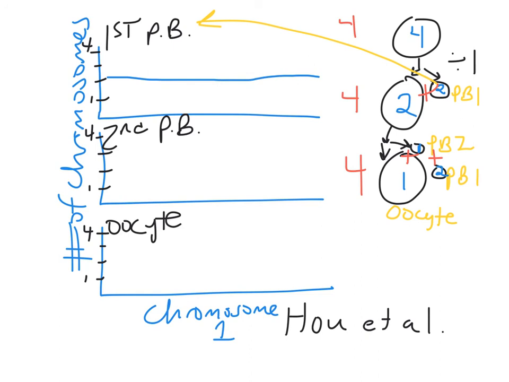That's what we expect, just based on how we know cell division and chromosome segregation occurs. And in the second polar body, there should be 1 copy of chromosome 1 from its left end to its right end, and there should be 1 copy of chromosome 1 in the oocyte, from the left side of the chromosome to the right side of the chromosome.